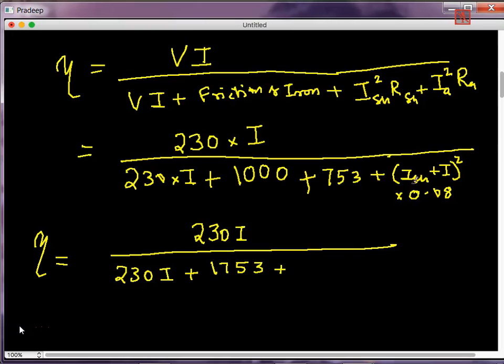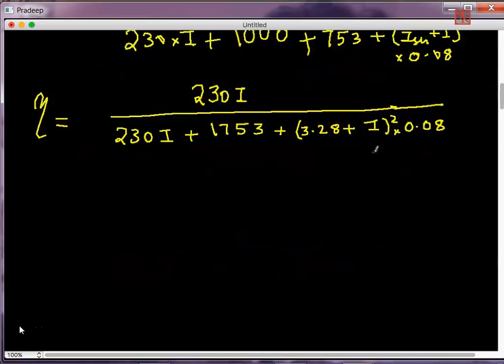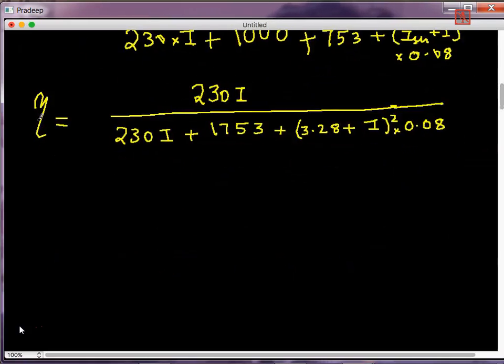Now here I can write the armature current as 3.28 plus I, whole square multiplied by 0.08. So this is the efficiency. Now if I substitute the value of I, I can find the value of efficiency. So it is now the simple thing of plotting it.